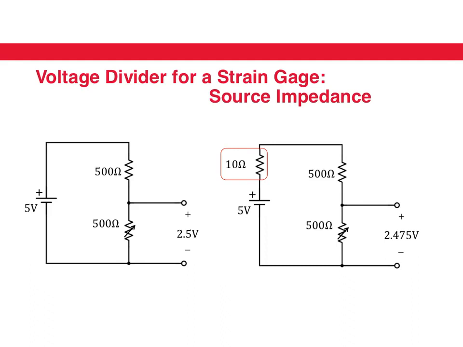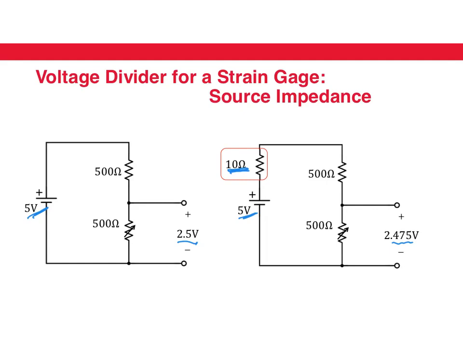What happens if our source, the 5 volt source here, has a 10 ohm source impedance? Then instead of having 2.5 volts at the output, you have 2.475 volts. So depending on the source that you use, your source impedance can change. And if the source impedance changes, the output of your voltage divider changes, and you don't know whether the change is because of the changed resistance or because of the source impedance.